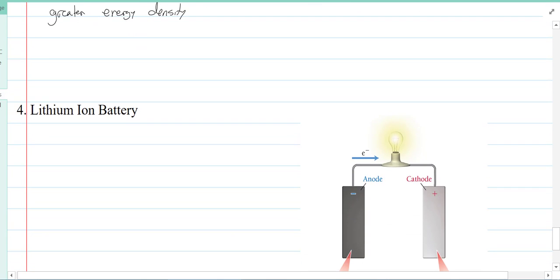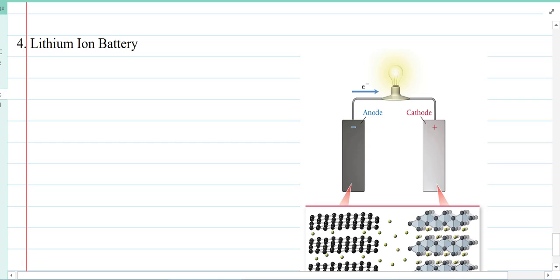All right, lithium ion battery. And this is again, electrolyte is concentrated KOH. All right. The anode is graphite with Li ions.